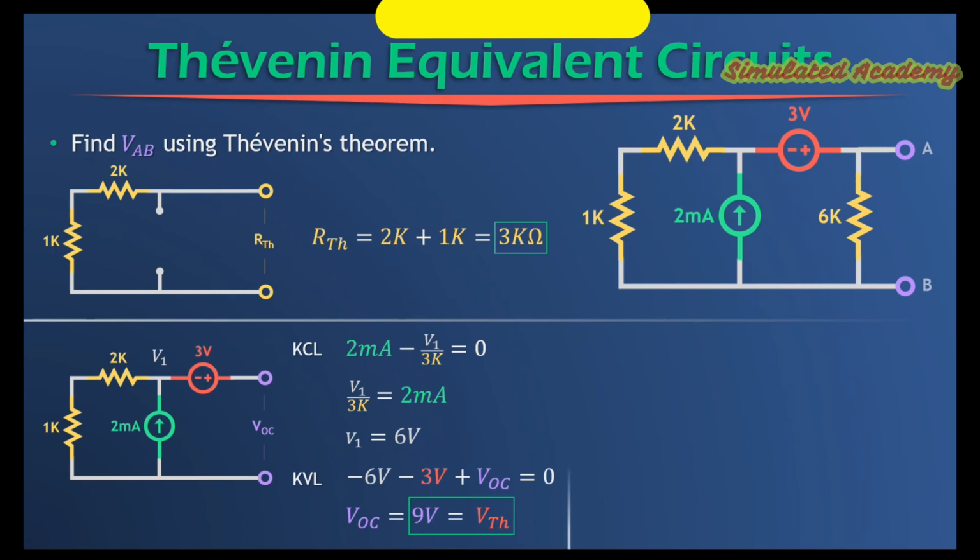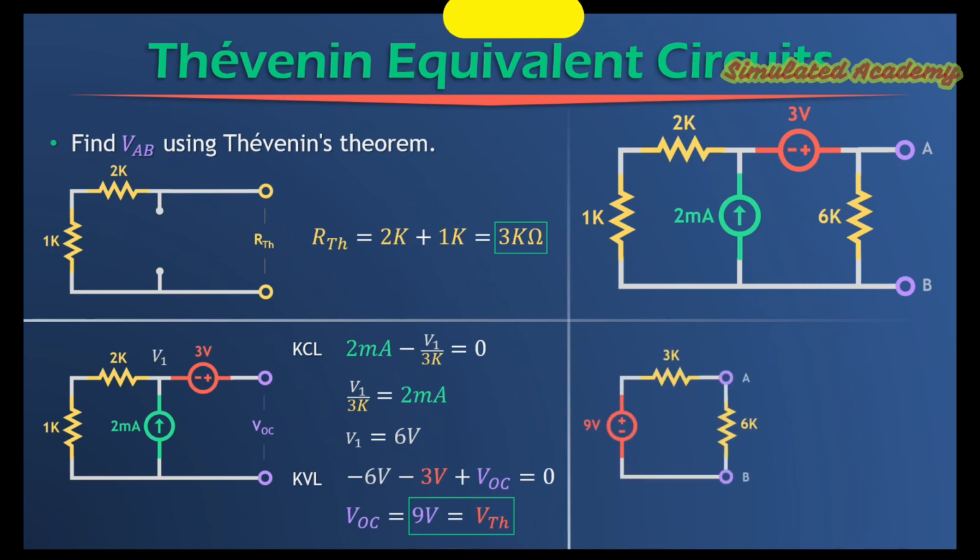Now the final point is I get my Thevenin resistance, Thevenin voltage, and this is my load resistor across which I want to find the voltage, across these points A and B. So just apply the voltage divider rule.